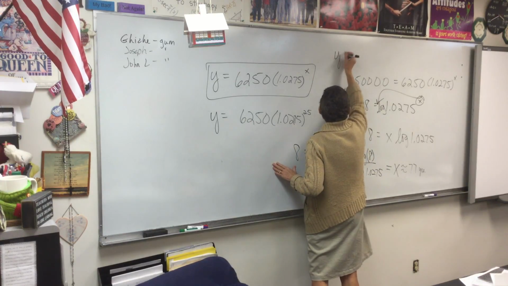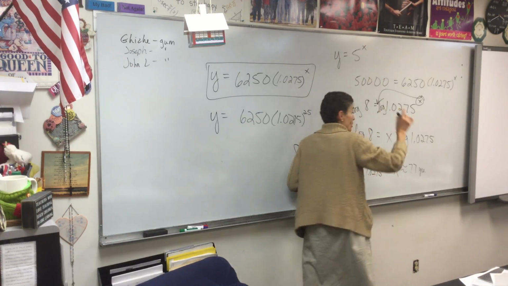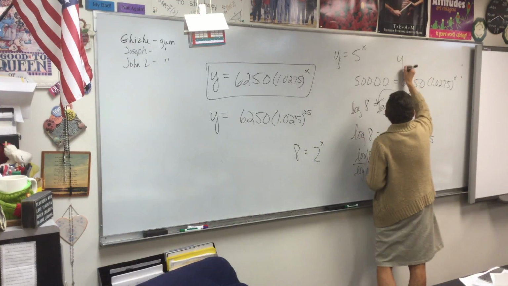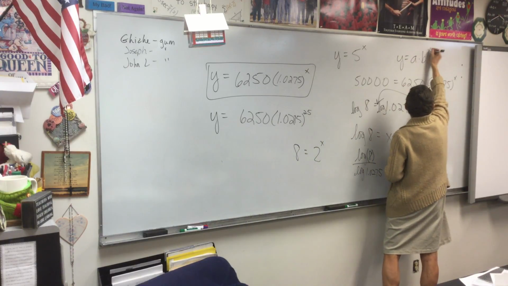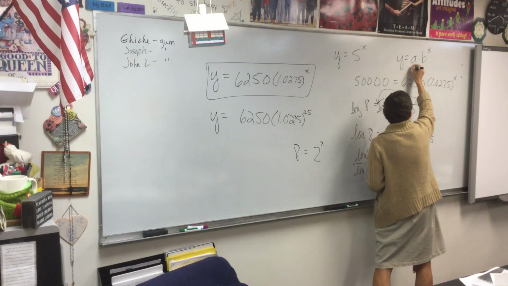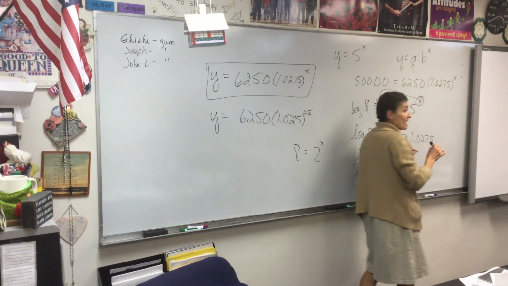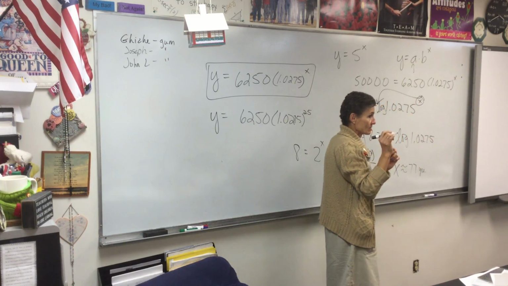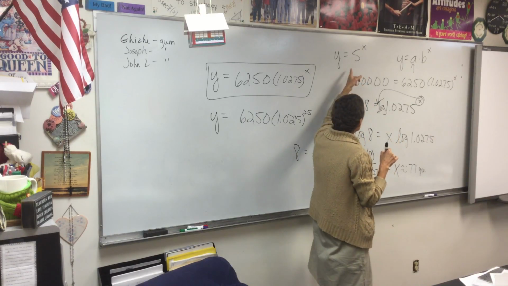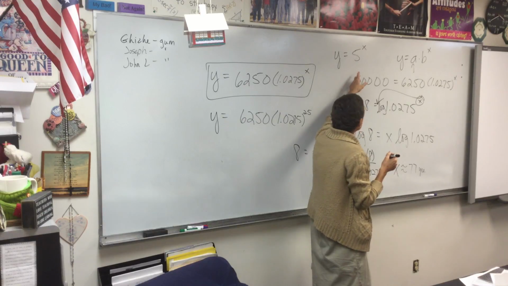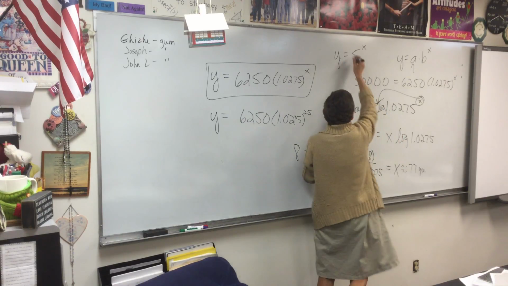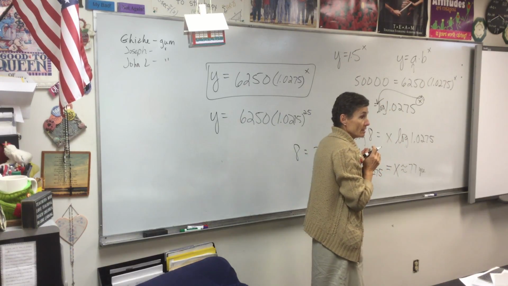Oh yeah, no. If your equation is y equals 5 to the x, remember exponentials are y equals a times b to the x, and a is your initial value. A is not the thing that has the x on it, that's b. So here, I don't physically see an a, I see b to the x, so my a must be an understood 1.